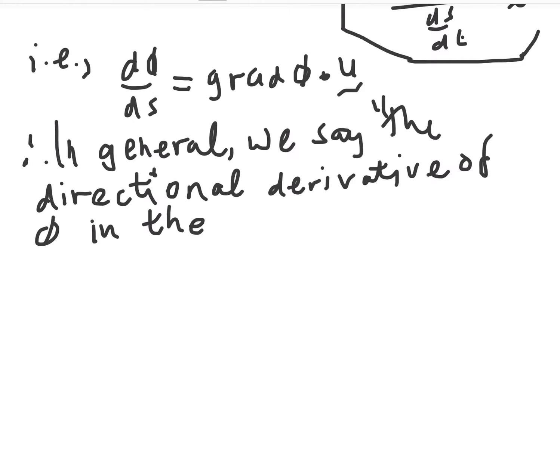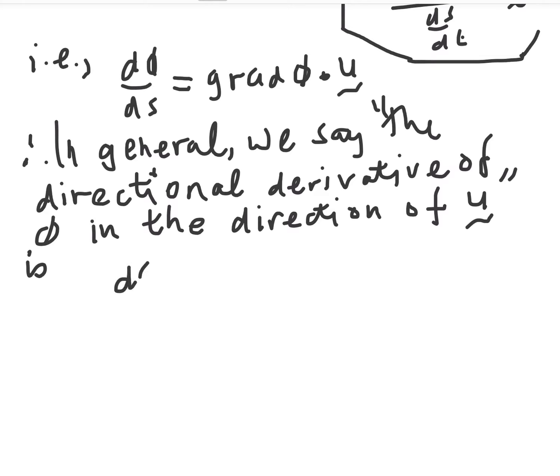The directional derivative of phi in the direction of the unit vector u, and I emphasize this is a unit vector u, is then written as d phi ds. That is d phi ds, which spells out as the grad of phi dotted with the directional vector.